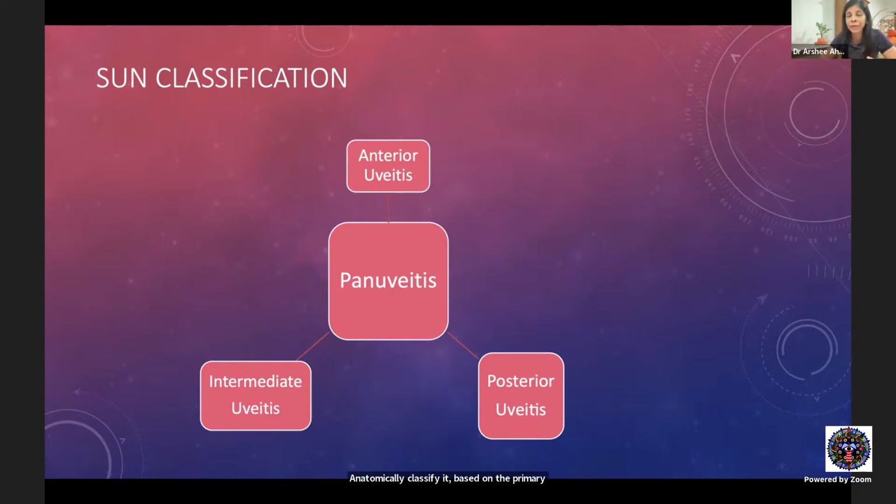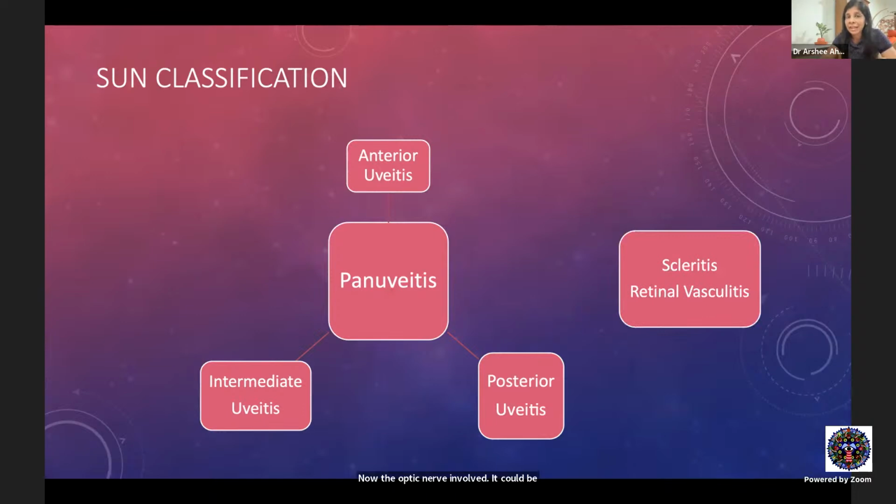It is quite straightforward. If the anterior part of the uveal tract, which includes the iris and the anterior ciliary body, is involved, it is anterior uveitis. If the vitreous is the primary site of inflammation, it is intermediate uveitis. Whereas if the posterior uveal tract, like the choroid, or the surrounding structures like the retina or the optic nerve are involved, it could be posterior uveitis.